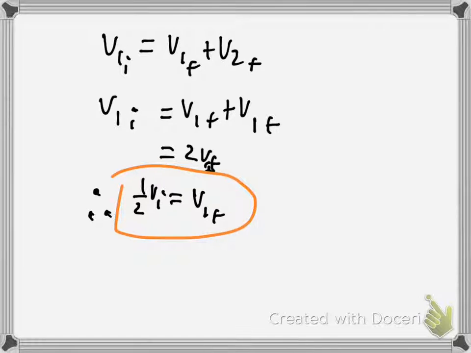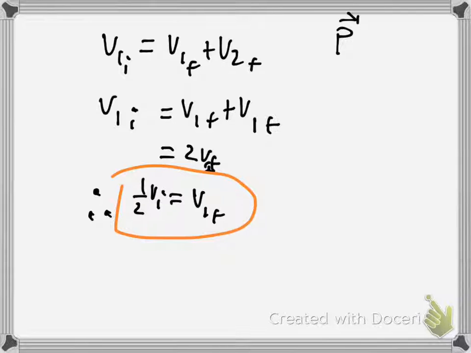Now if we go back to the equation from momentum, which just said that the initial velocity was equal to the final velocity of 1 plus the final velocity of 2, and we know that those two are equal, V1F is equal to V2F, therefore V1 initial is equal to 2 times V1F.